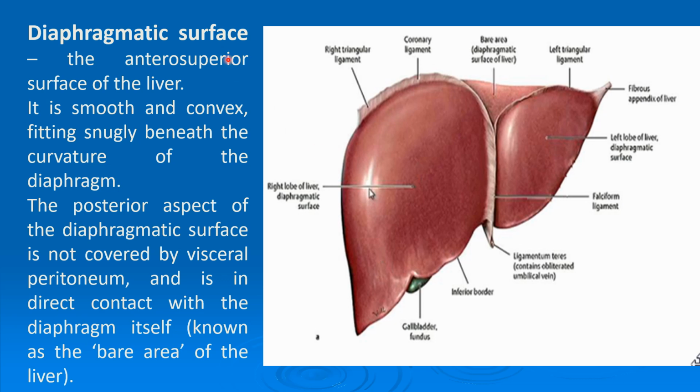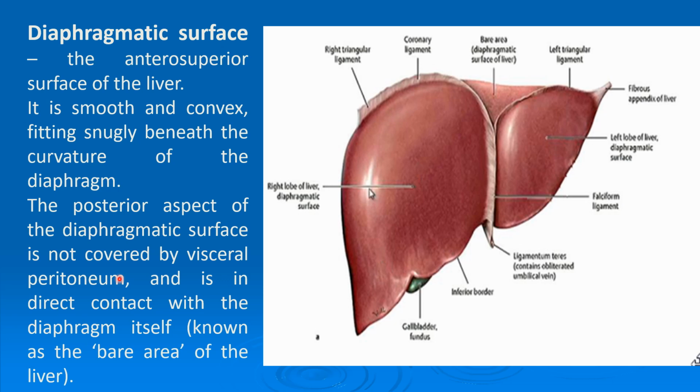Coming to the features of diaphragmatic surface. It is also called anterior superior surface. It is smooth and convex. It is snugly fit under the curvature of diaphragm, or it has the shape of the diaphragm which is dome shape. The posterior aspect of diaphragmatic surface is not covered by visceral peritoneum. All other areas are covered by peritoneum.